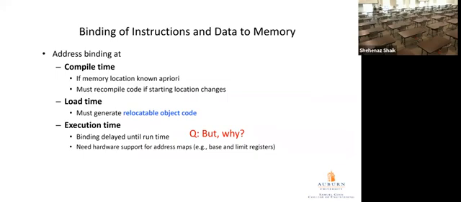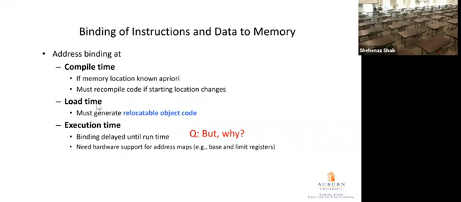So I said that if for whatever reason the process needs more memory during runtime, and there is a need to extend the amount of memory space allocated to a particular process, if we perform the binding either at compile time or at load time, we need to either recompile or reload the entire program if the starting address changes.